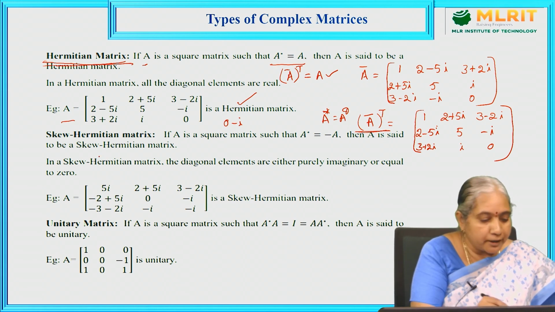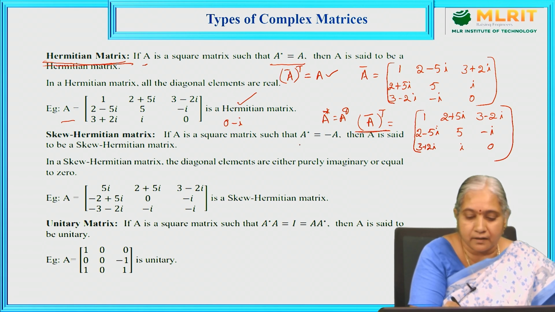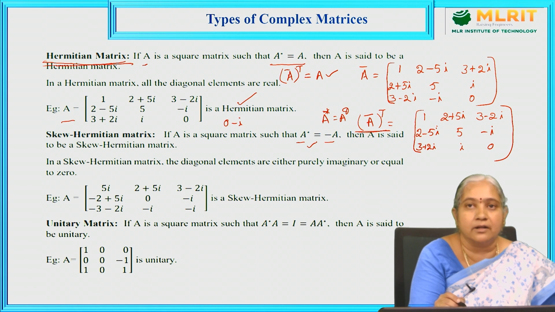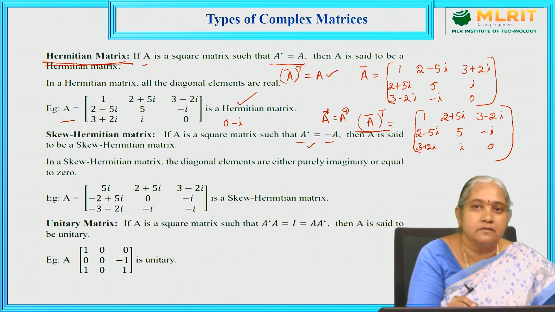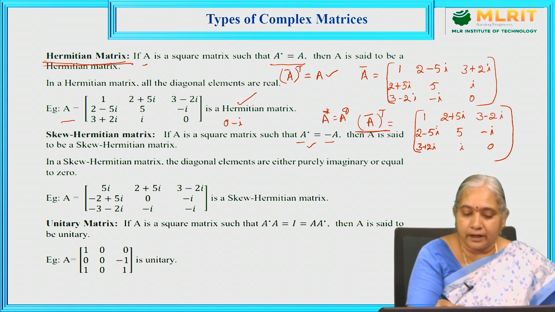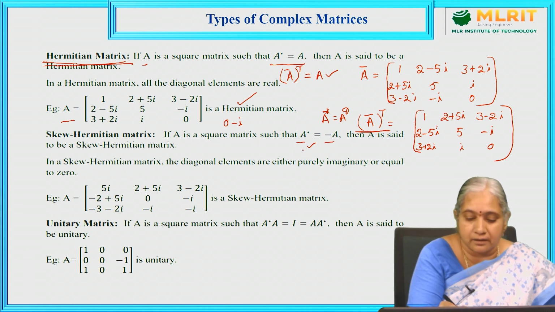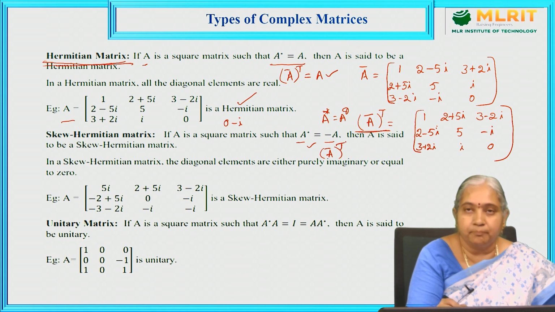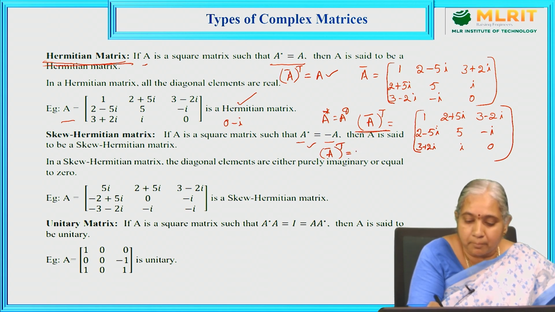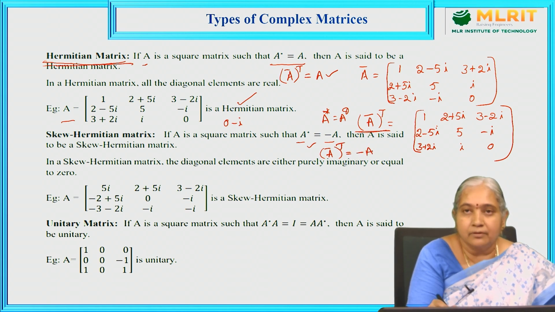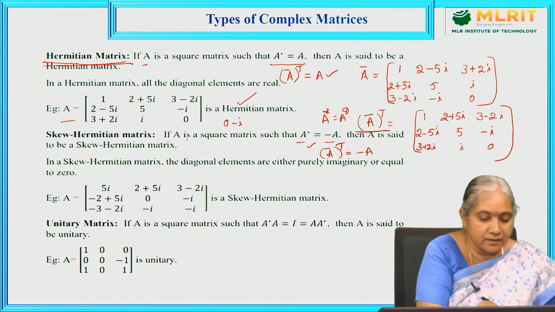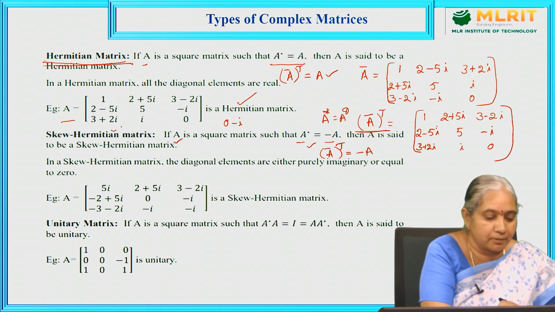The property of a skew Hermitian matrix is A star equal to minus A. A star is the transpose of A conjugate, and if it is equal to minus A, then the given matrix A is said to be a skew Hermitian matrix.